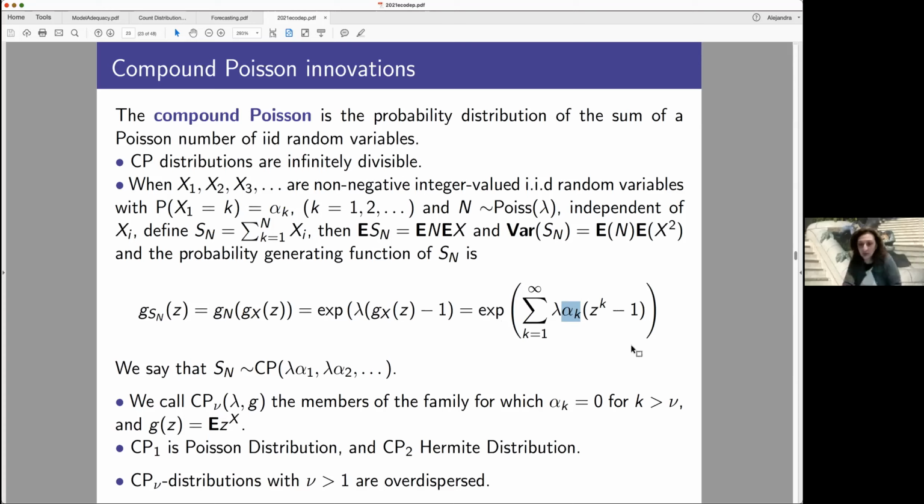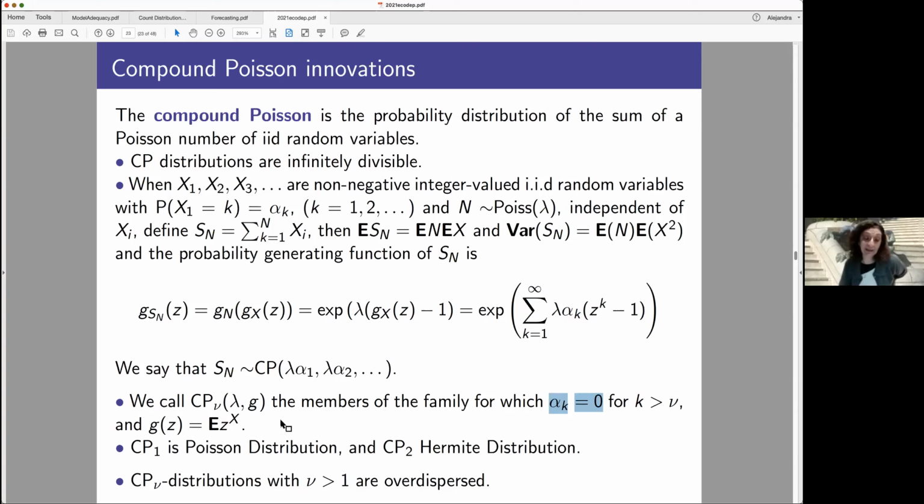This comes from the Poisson summation thing. If we have something like this, then we say we have a compound Poisson with parameters lambda alpha 1, lambda alpha 2, etc. Of course, we can have an infinite number of terms here, but if the alphas cut off after a certain nu, then we call that the compound Poisson nu.